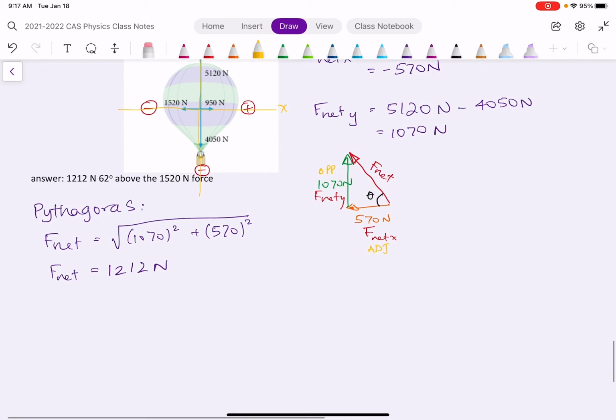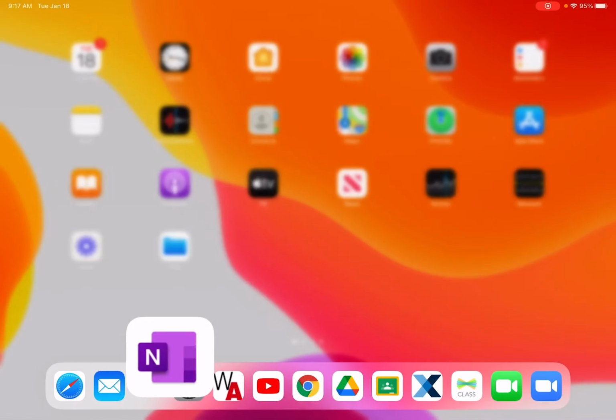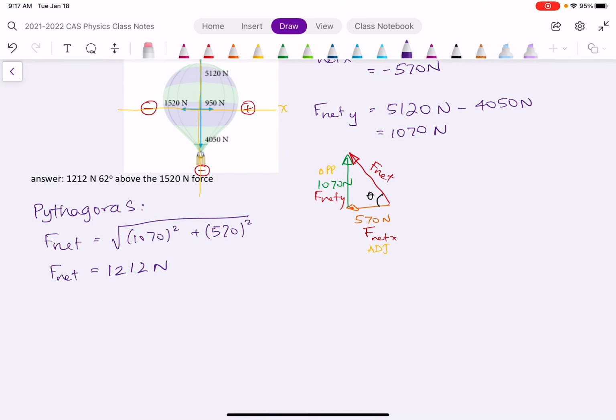So when I solve this, I can do opposite over adjacent, which is just the tan. So tan theta equals opposite over adjacent. I don't know what theta is, but now the opposite is 1070, and the adjacent is 570.